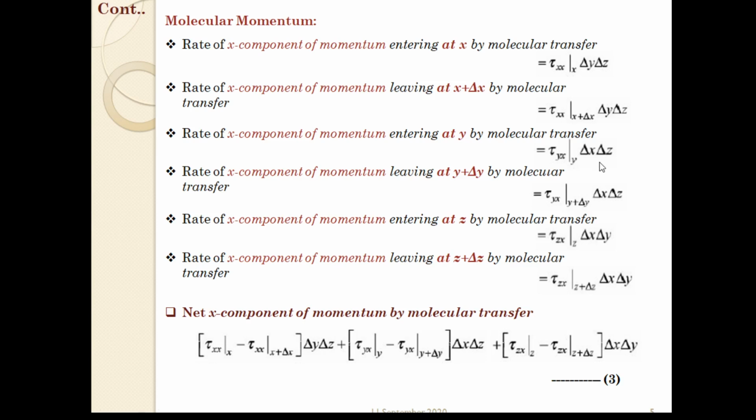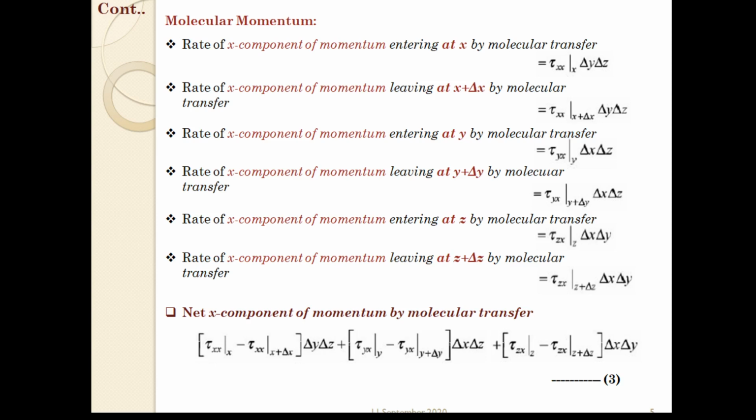Okay. So the x component of momentum getting transported in the y direction must act on the area del x del z. So the y direction has this much surface area associated with it. So the x component contribution in the y direction must be equal to del x del z multiplied with the shear stress acting on the y face.